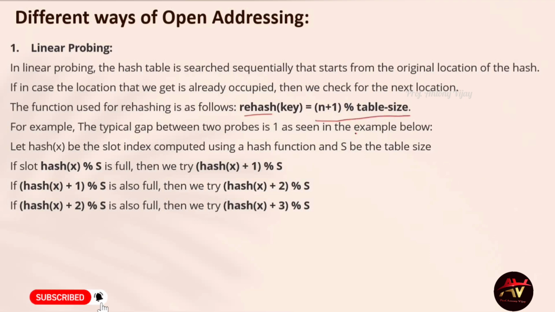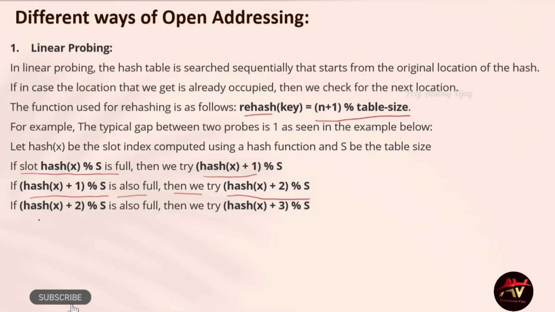Let's have a look at the logic of linear probing. If slot hash of x modulo s is full, then we try hash of x plus 1 modulo s. If that is also full, then we try hash of x plus 2 modulo s.